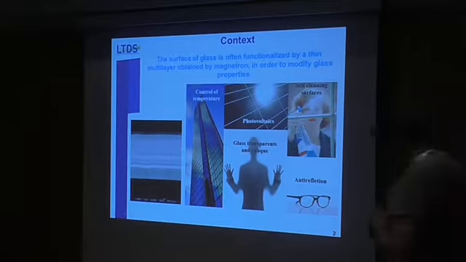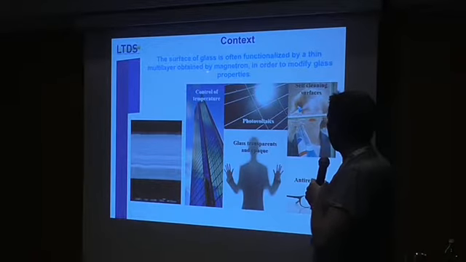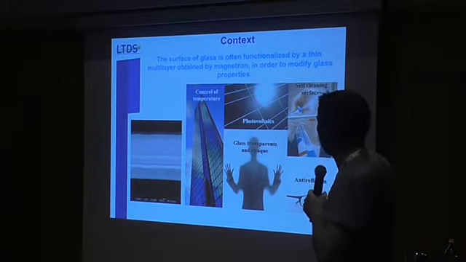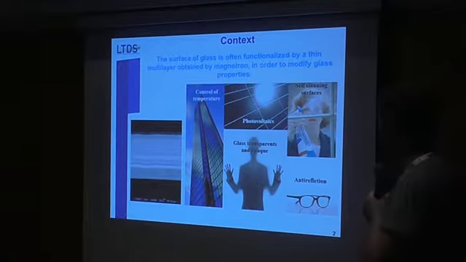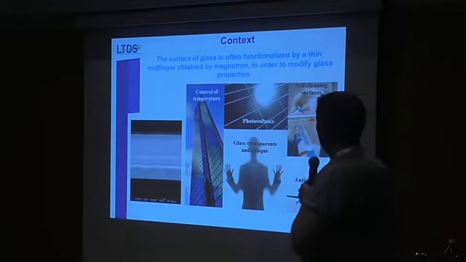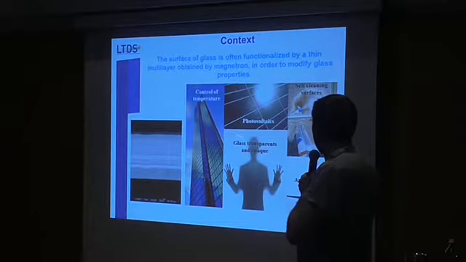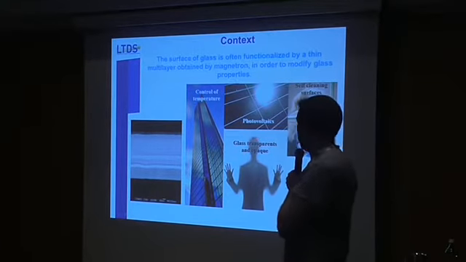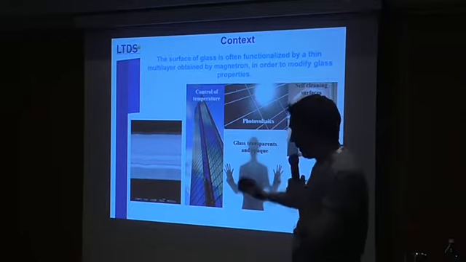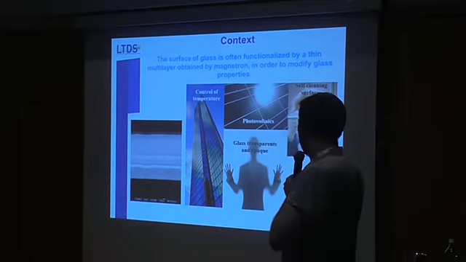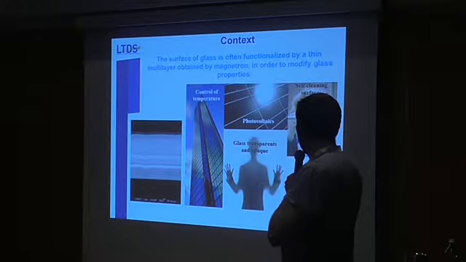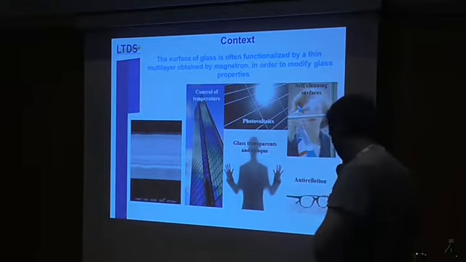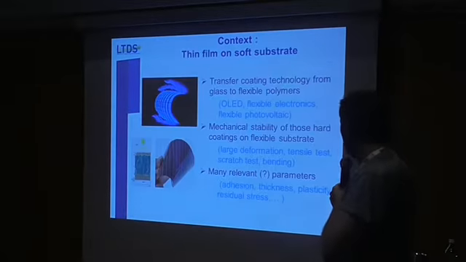As you certainly know, when you use glass, you often functionalize the surface to modify the property of your material. For example, to have a control of temperature, photovoltaic effect, or to have a glass that becomes transparent or compact by just playing on the electric field you impose in the layer, or you can have also an anti-reflection property for your glasses.